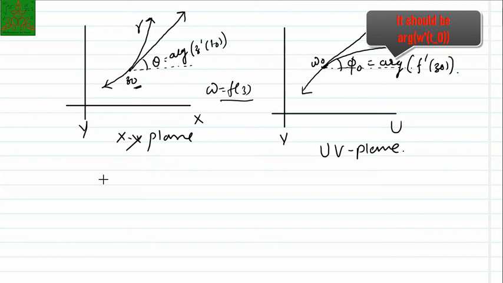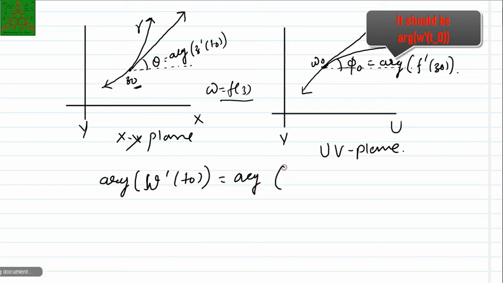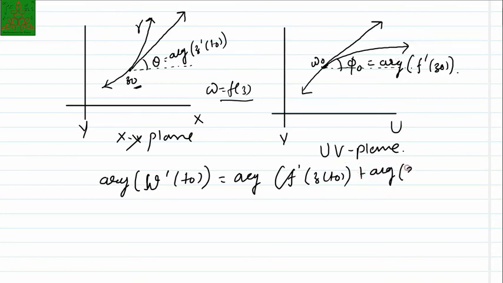Hence, as we have discussed above, the argument of w dash of t0 is equal to the argument of f dash of z0 plus the argument of z dash of t0.